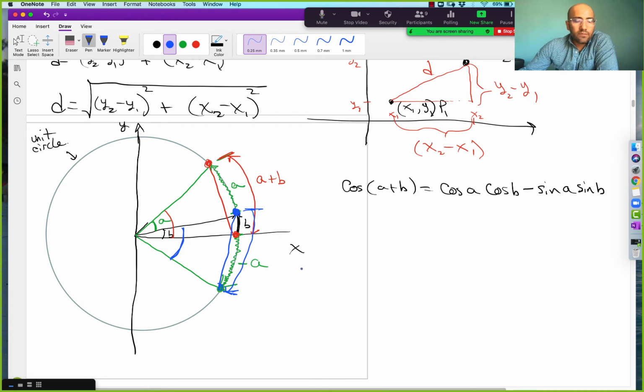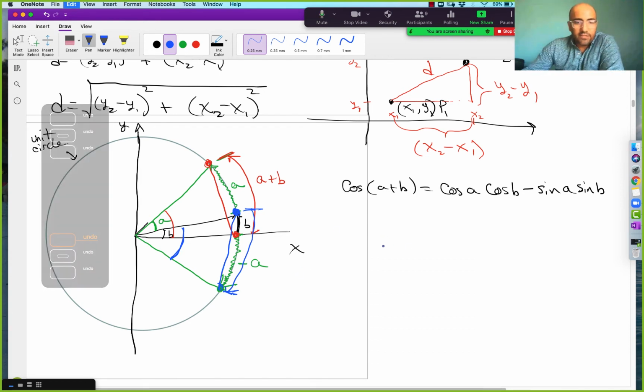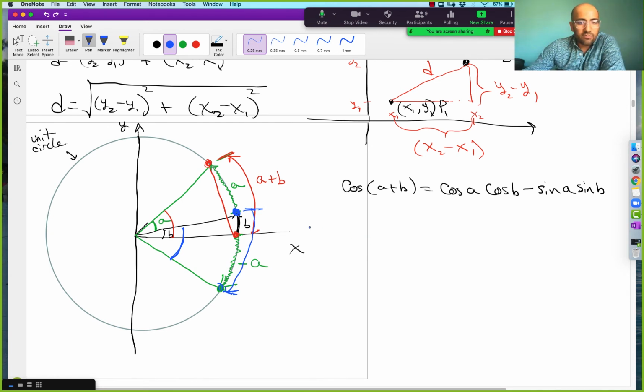Okay, so that was just a geometric argument. Hopefully you've all had geometry and all of that sounds reasonable. Let me make sure this thing is straight. Okay, so let's call this d sub 2, and let's call this d sub 1.